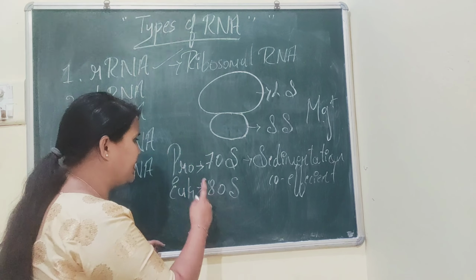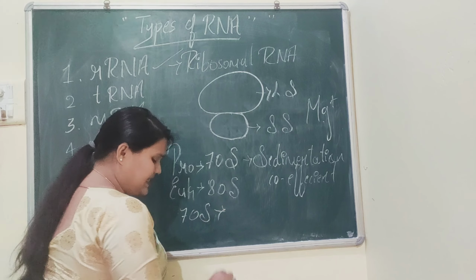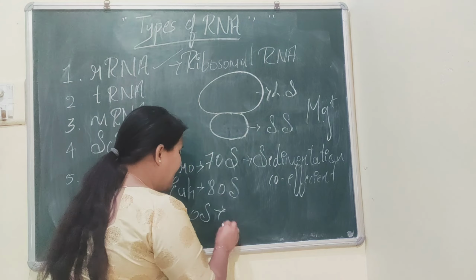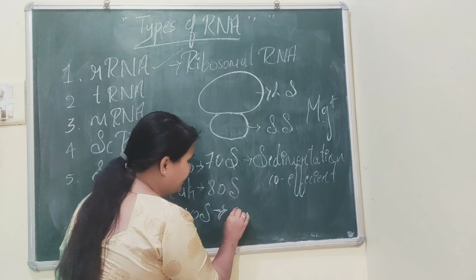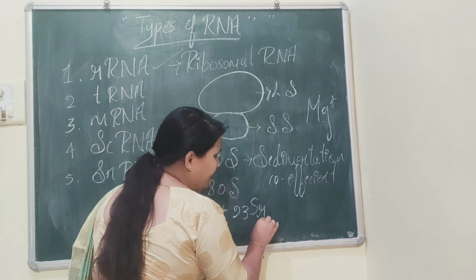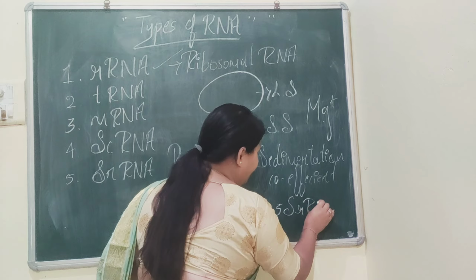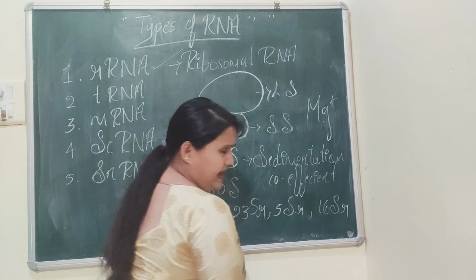Before going to that, see, in case of 70S, we can see three different rRNAs. For example, in case of 70S, we can see 23S rRNA, 5S rRNA and also 16S rRNA.